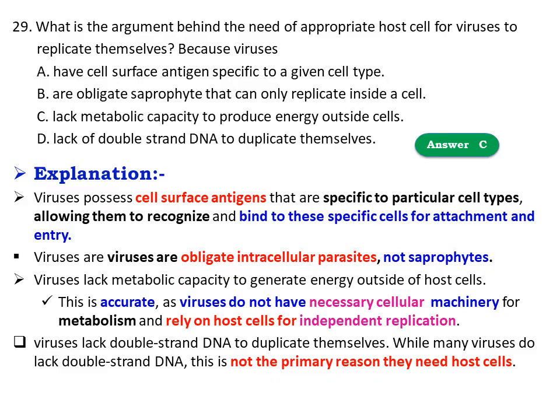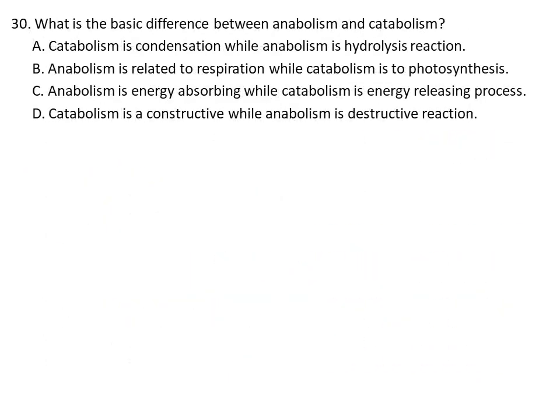Viruses are also obligate intracellular parasites, not saprophytes. They lack metabolic capacity to generate energy outside the host cell. This is accurate, and this makes viruses not have the necessary cellular machinery for metabolism, so they rely on the host cell for replication.